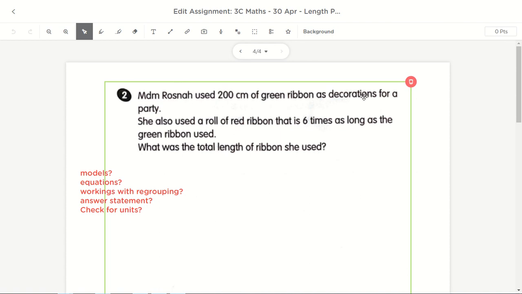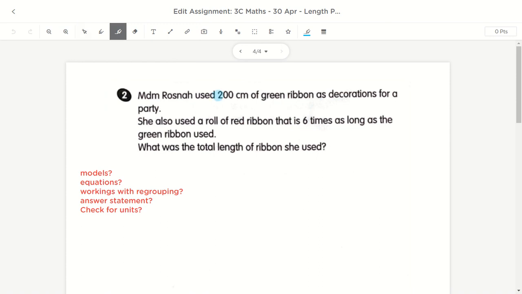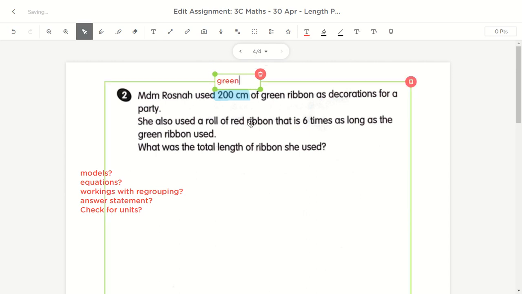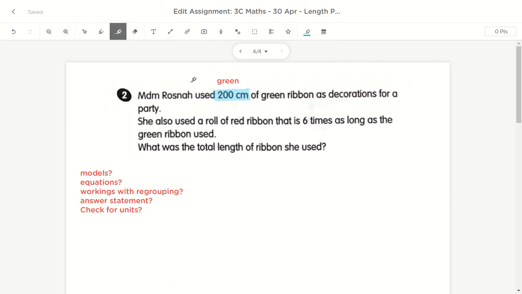Madam Rosna used 200 cm of green ribbon as decoration. So 200 cm is for green. She also used a roll of red ribbon that is 6 times as long. So I'm using red too, but the red one is 6 times as long as the green.